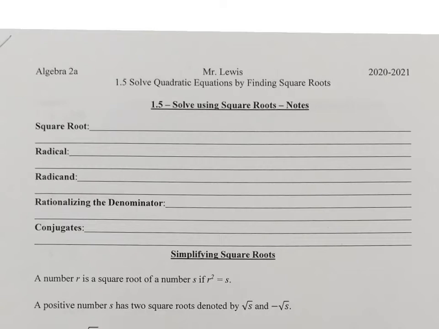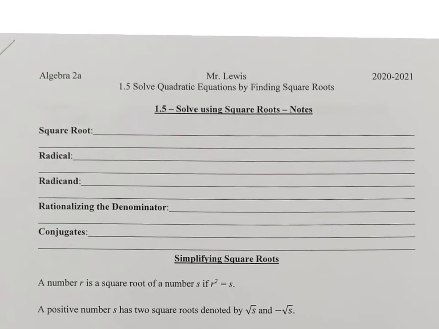The first of this started off with definitions, so you could have looked them up online, you could have looked them in the book, the back of the book, in the section, a bunch of ways to find it. I'm going to give you what I think is the easiest way to think of it, maybe not necessarily 100% mathematically. So a square root is the number being multiplied by itself.